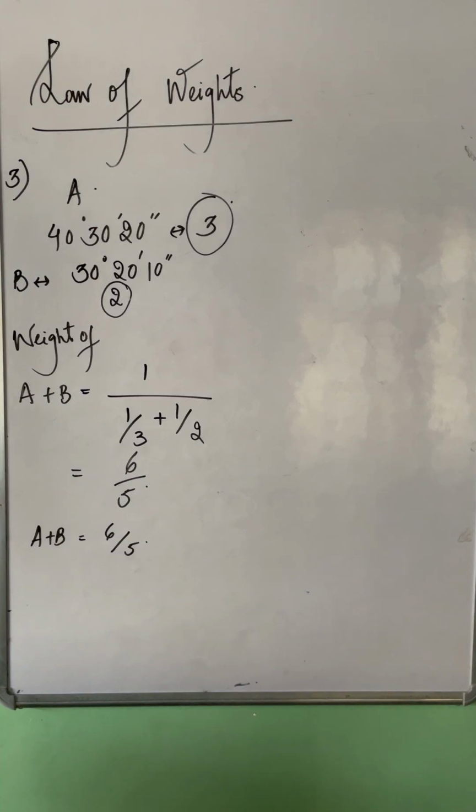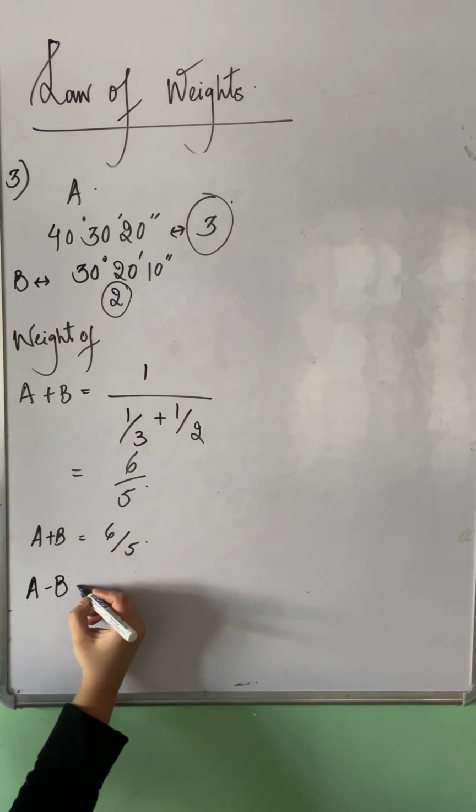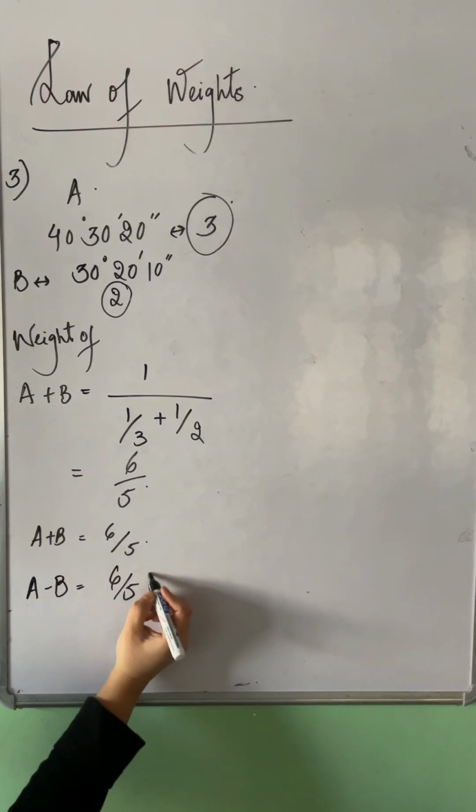This is our third law of weight, that the weight of the algebraic sum of two or more quantities is equal to the reciprocal of the sum of the reciprocals of individual weights. Similarly, A minus B will also have a weight of 6 by 5.